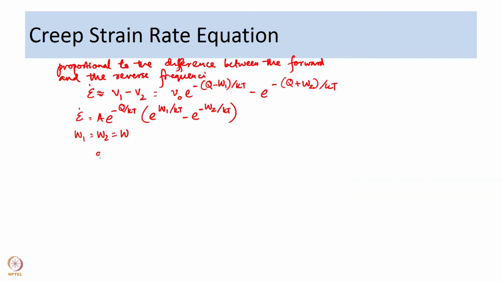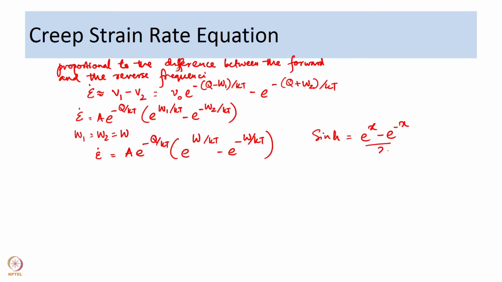So, then strain rate becomes A e to the power minus Q over kT into e to the power W over kT minus e to the power minus W over kT. If you know the hyperbolic sine function, sinh x is e to the power x minus e to the power minus x divided by 2.